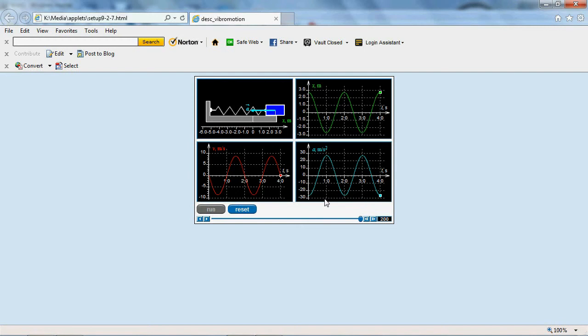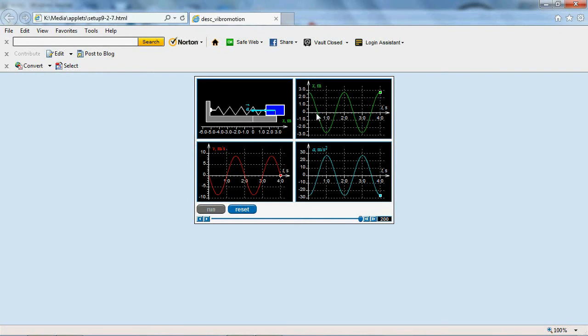Now let's look at the acceleration in terms of the distance formula. You notice that the acceleration is a maximum when the object is in its maximum position at the amplitude, and the acceleration is in the opposite direction of the mass.